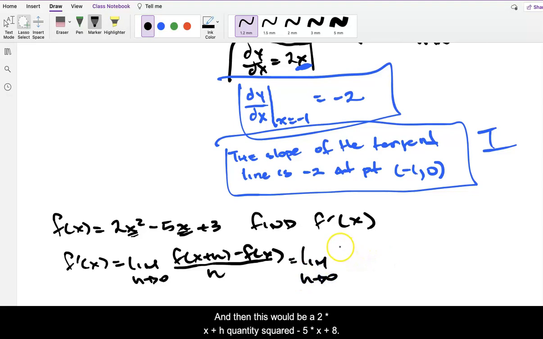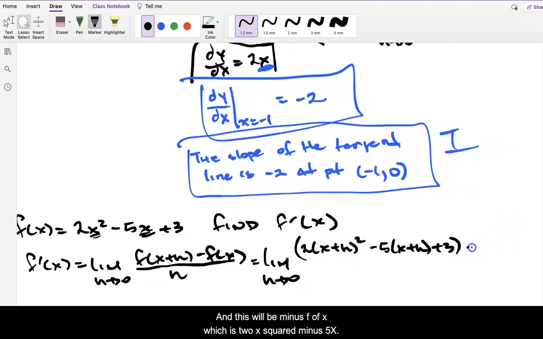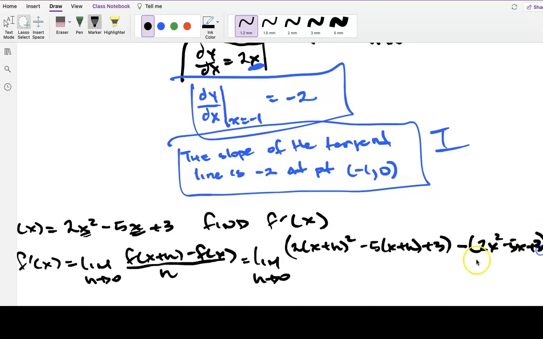And then this would be a 2 times x plus h quantity squared minus a 5 times x plus h plus 3. And this will be minus f of x, which is 2x squared minus 5x plus 3, all over h.